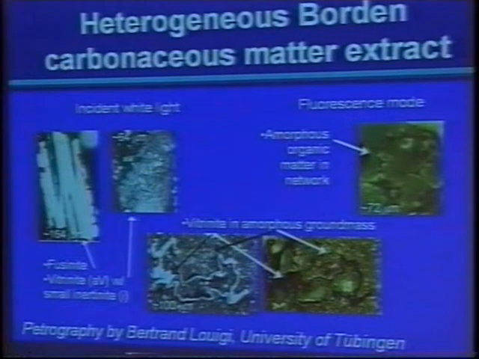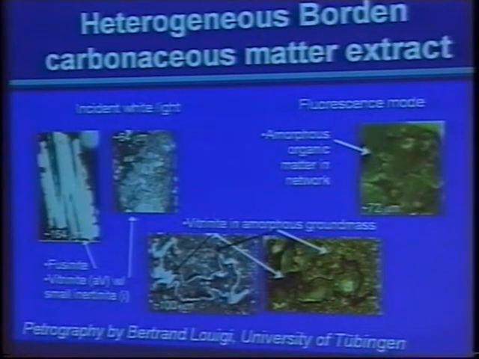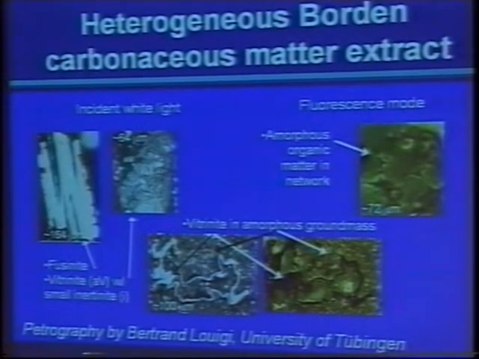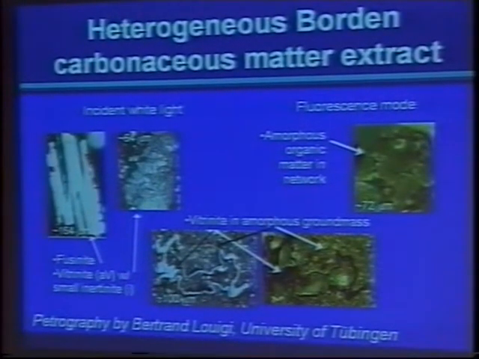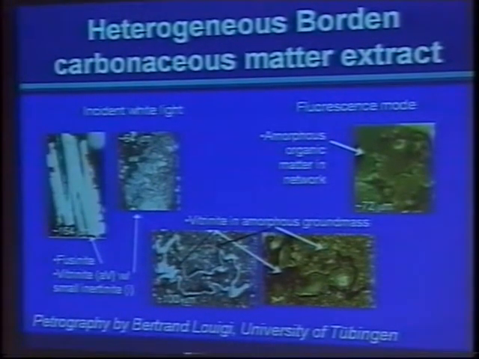What I'm showing you here now is what we call an extract of total Borden sand carbonaceous matter. When this kind of an extract is done, it's done with high concentrations of strong acids and with heat. It's basically the coal petrography techniques applied to aquifer sand.